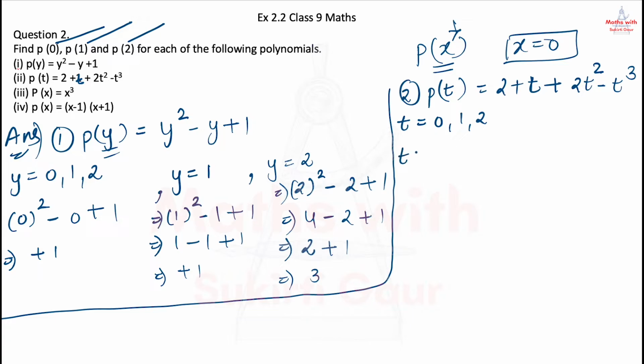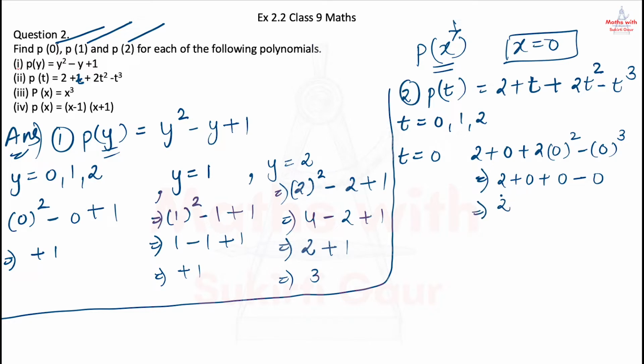First taking t equals to 0, we will get 2 plus 0 plus 2 into 0 square minus 0 cube. 2 plus 0 plus 2 into 0 square will give us 0, minus 0 cube is 0, so 2 will be the answer.